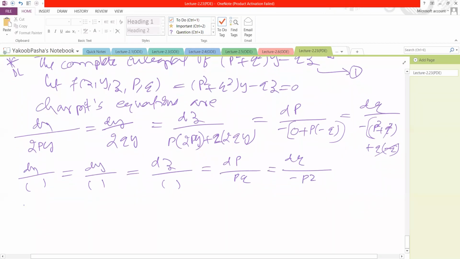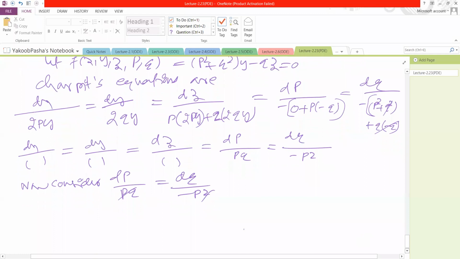So now I am considering dp by pq is equal to dq by minus p square. So p will be cancelled by cross multiplication and take into inside, you get p dp plus q dq is equal to 0.